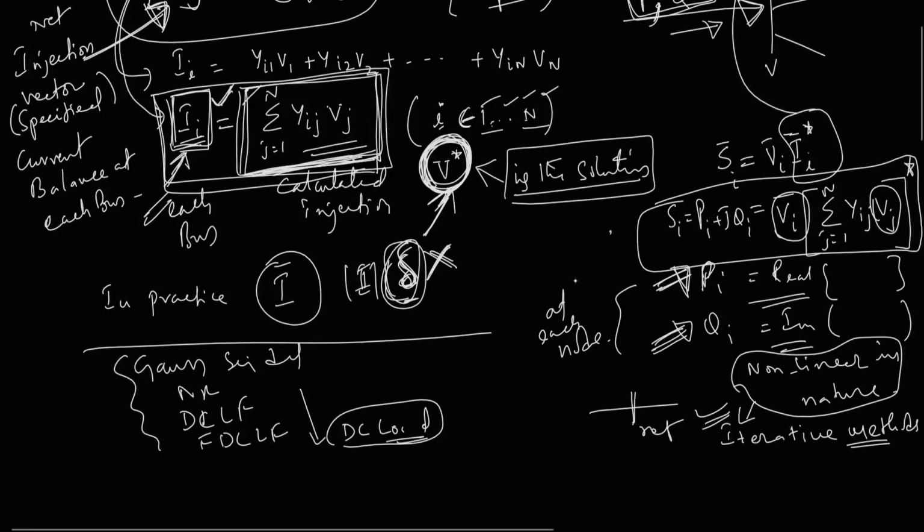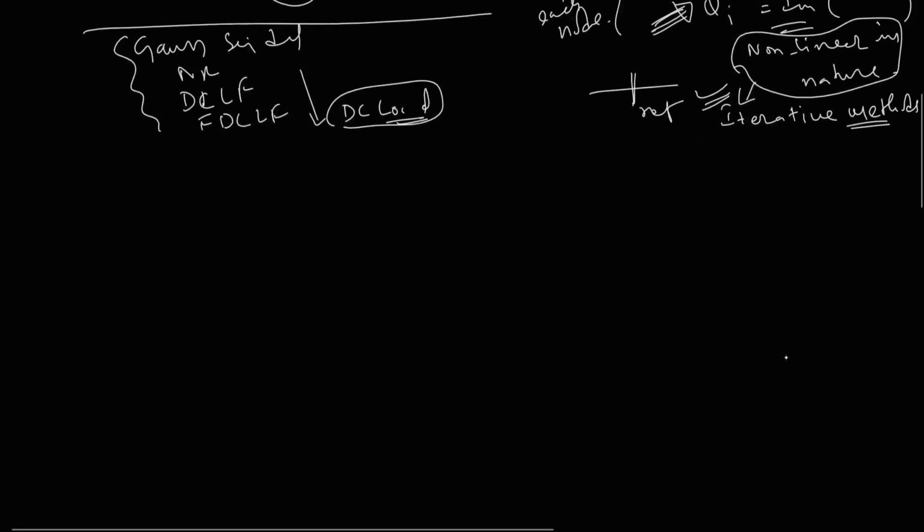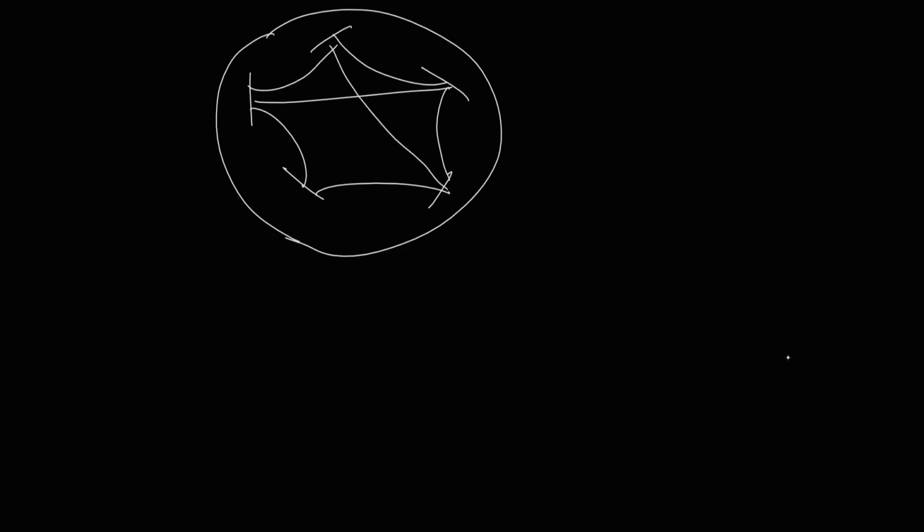Now before I go into the actual methods, each method, let us also discuss the basics of the network buses. Now I have my network which is having many buses, and few generators are connected to them, and there are loads connected to them.